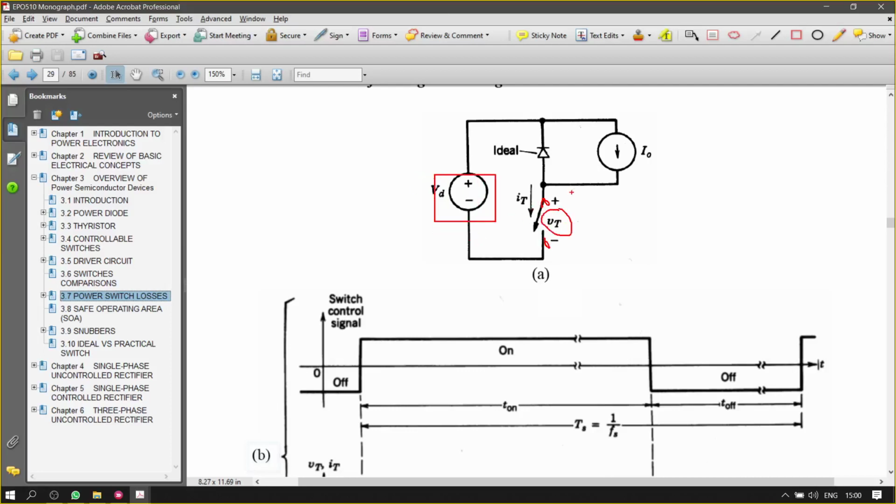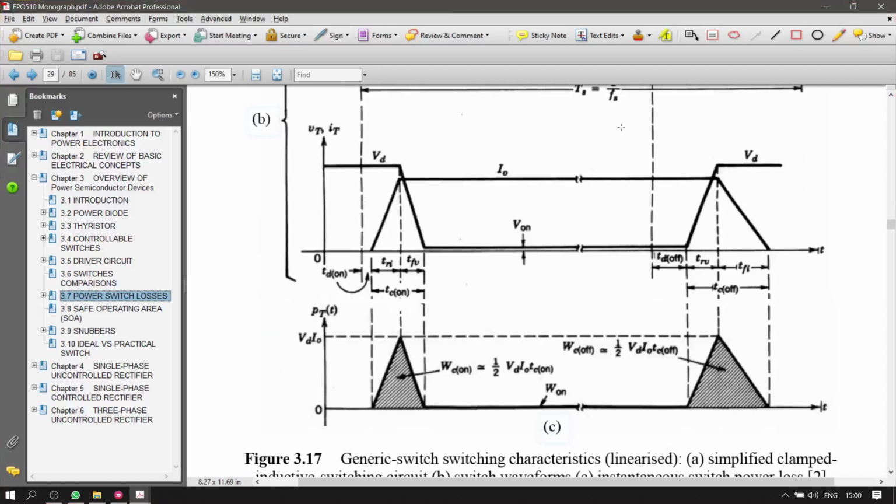The voltage across the open circuit will be equal to VD. So that's why we know that during this time the diode with the thyristor or the MOSFET or devices will be reverse biased. This is reverse bias, and this is forward bias.